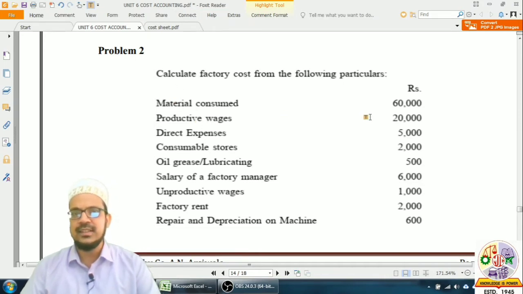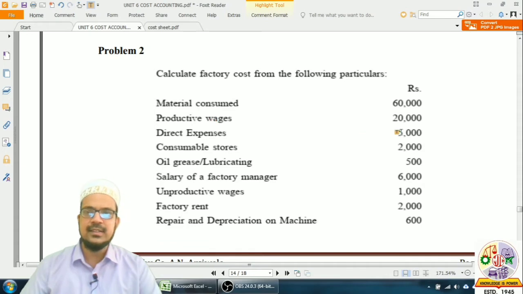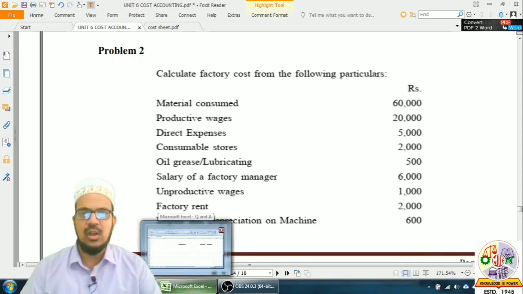Material consumed is 60,000, productive wages are 20,000, direct expenses 5,000, consumable stores 2,000, oil, grease and lubricants 500, salaries to the factory manager 6,000, unproductive wages 1,000, factory rent 2,000, repairs and depreciation to the machine 600. So let us solve this problem.